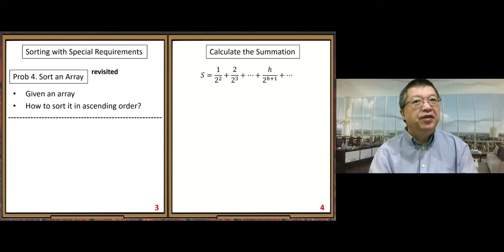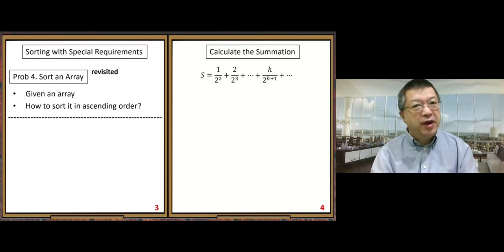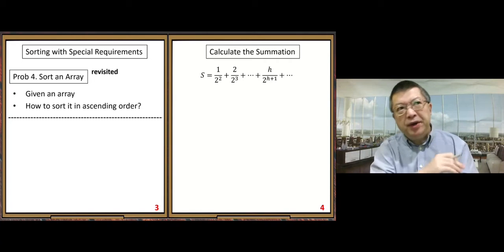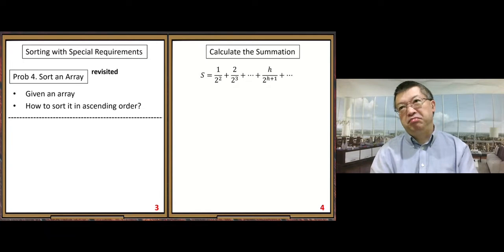You can see the denominator is a power of 2. That is very special. Why so special? Because you can take advantage of that structure, the power of 2 structure. How do you take advantage?